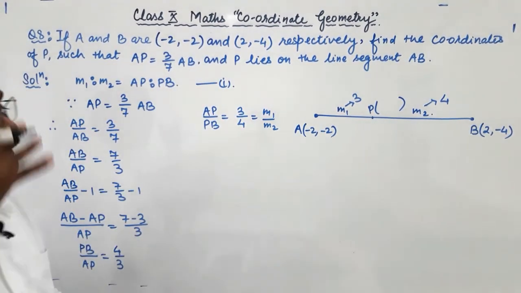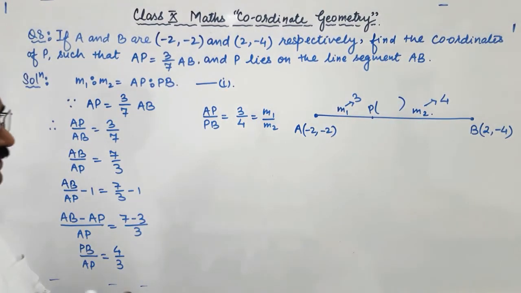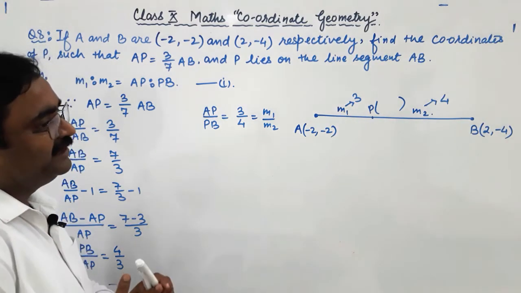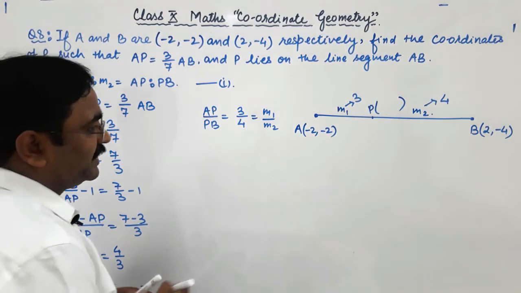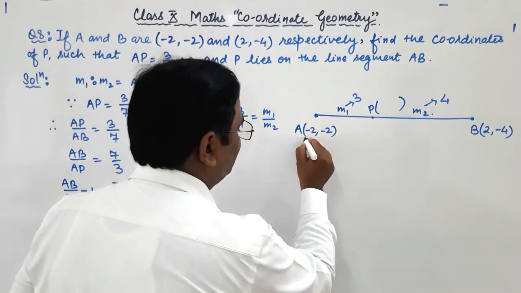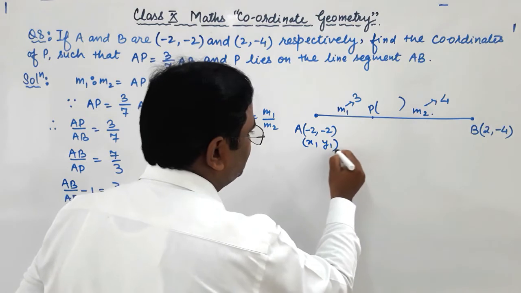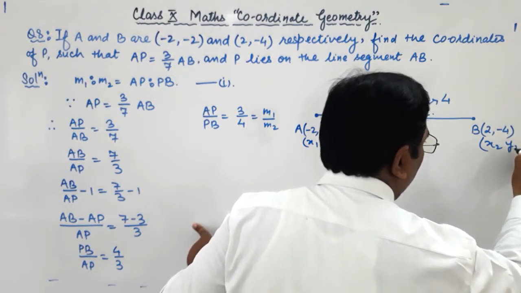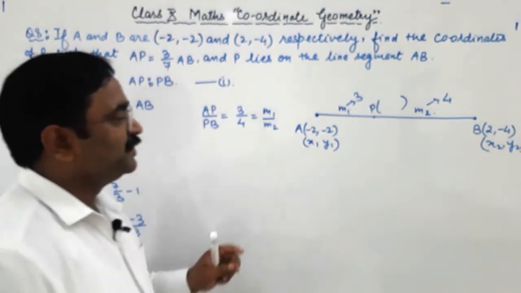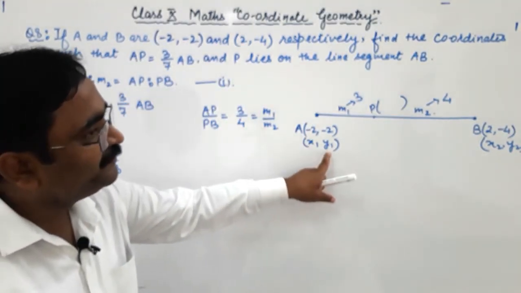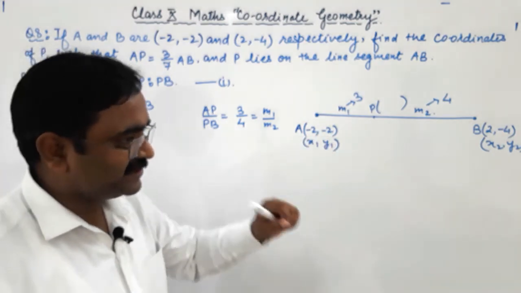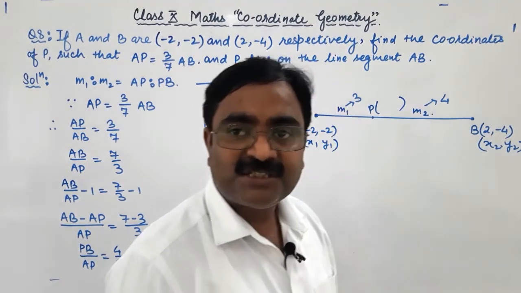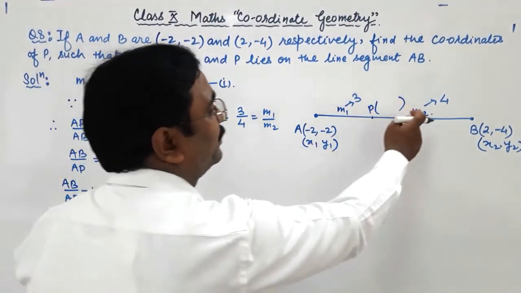Now let us find the coordinates of this point P, which is (x, y), right? So to find the coordinates of P, say this A is (x1, y1) and these coordinates of B are (x2, y2), right? So x1 is equals to -2, y1 is equals to -2, x2 is equals to 2 and y2 is equals to -4. m1 is 3, m2 is 4.